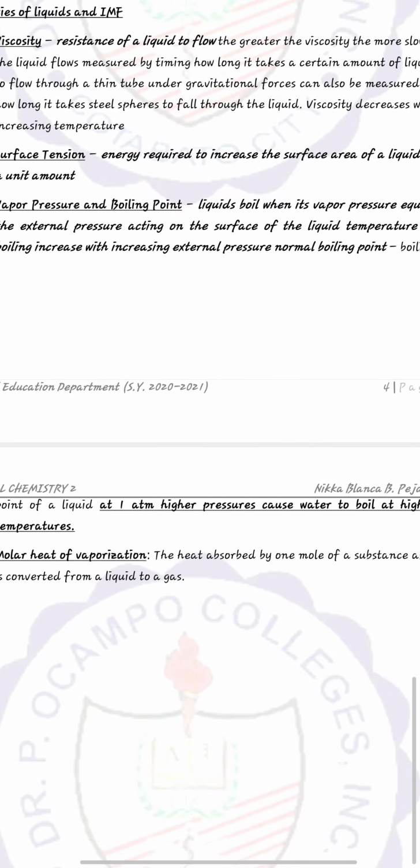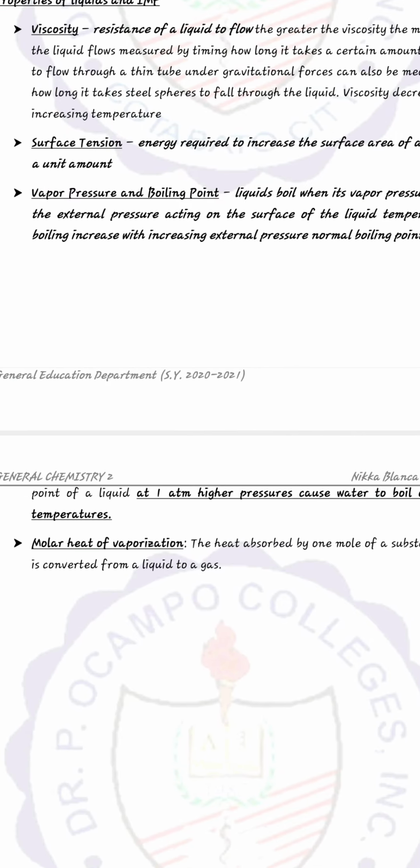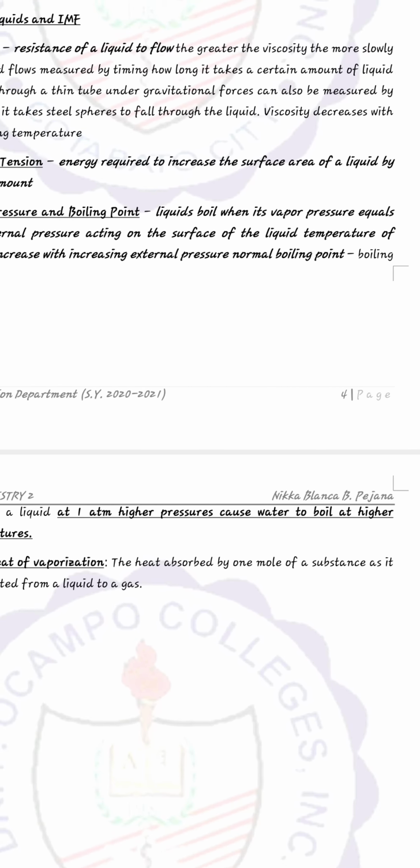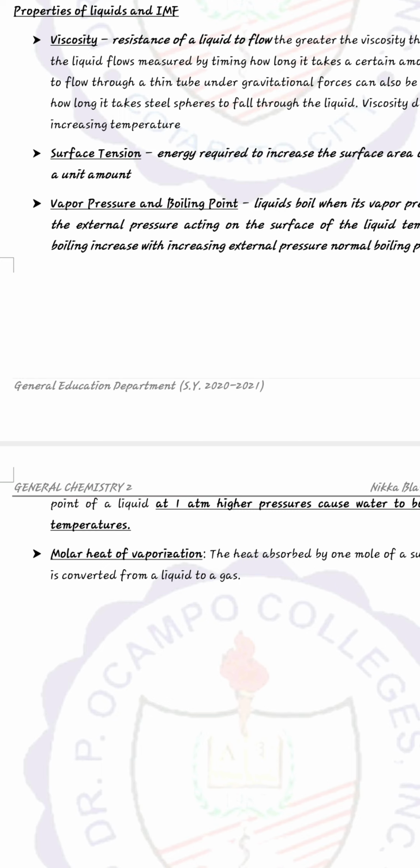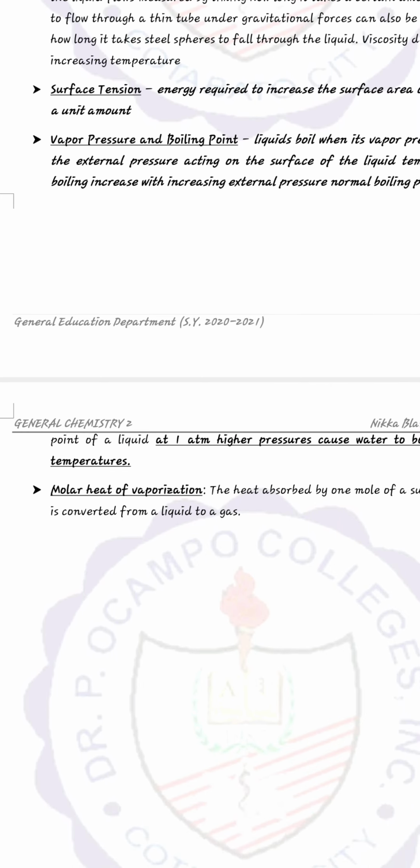The normal boiling point of a liquid is at a constant number, which is 1 atmospheric pressure. So it causes water to boil at a higher temperature. When we say atmospheric pressure, it describes the pressure exerted by the weight of the atmosphere. So ATM stands for atmospheric pressure. So that is vapor pressure and boiling point pertaining to the properties of liquids.